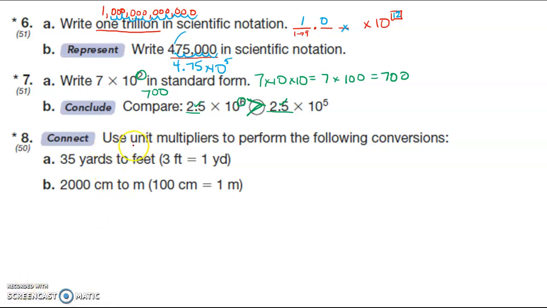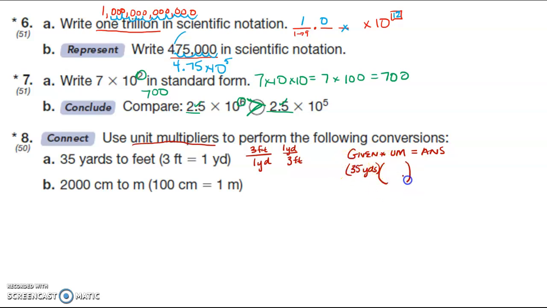All right, number 8 says use unit multipliers to perform the following conversions. So it says 35 yards to feet and gives me the 3 feet is equal to 1 yard. You can also write that as 1 yard is equal to 3 feet. And we're going to use our given times the unit multiplier is equal to the answer. We're given 35 yards.